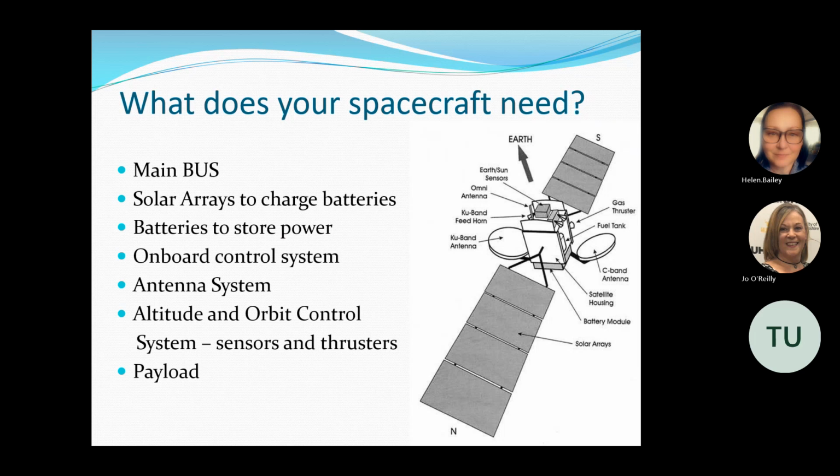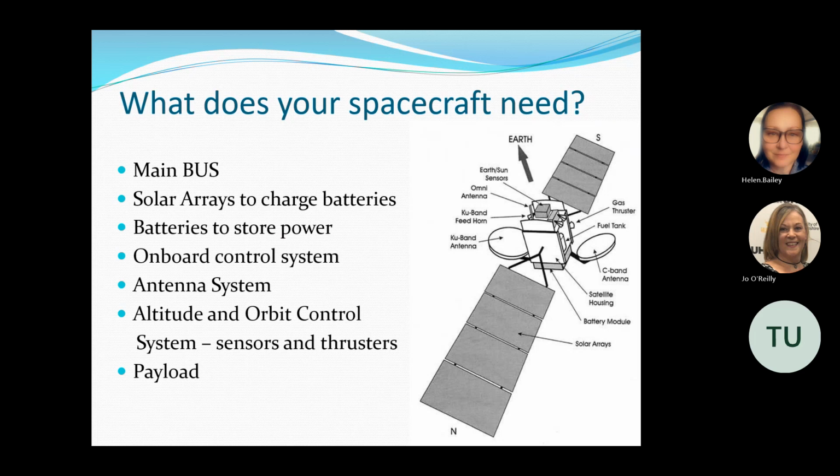And your last thing is something called a payload. So we don't put these spacecraft up just for fun. I'm sure that some people might think we should do it just for fun, but usually the spacecraft is up there to do a job, as we've gone through, whether it's taking pictures, whether it's processing a signal, providing information.